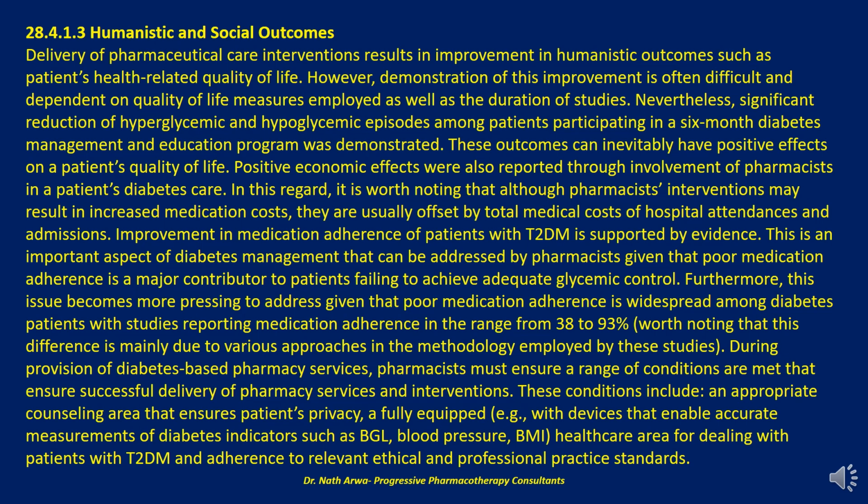Nevertheless, significant reduction of hyperglycemic and hypoglycemic episodes among patients participating in a 6-month diabetes management and education program was demonstrated. These outcomes can inevitably have positive effects on a patient's quality of life.